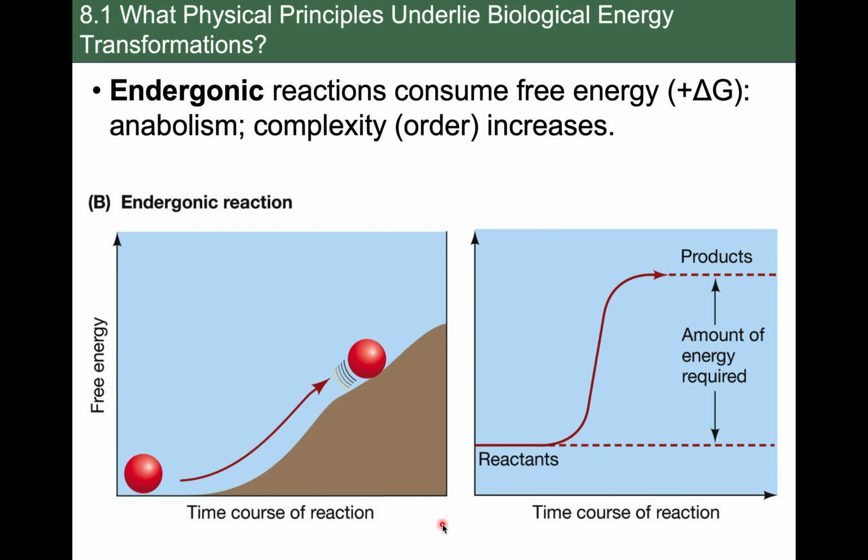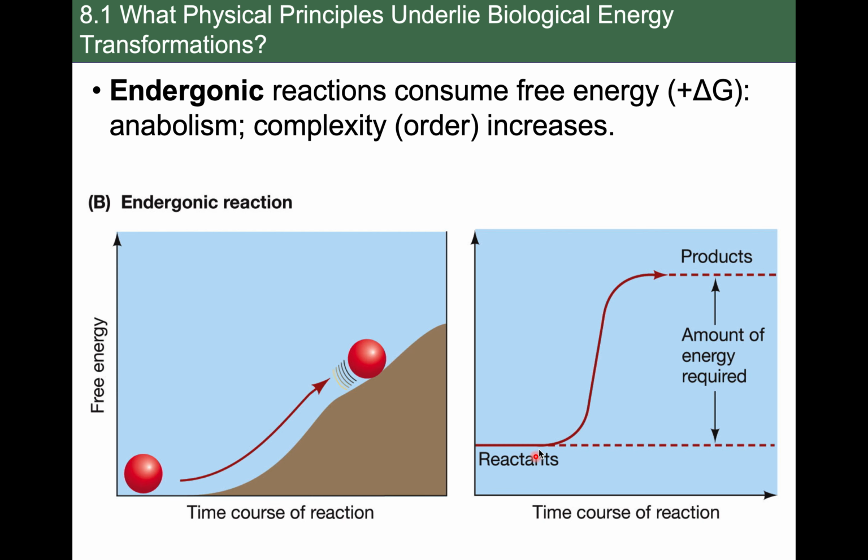Whereas the flip side of that coin would be an endergonic reaction, a reaction that consumes energy, has a positive delta G, an anabolic reaction, if we want to go back to that metabolic term. And this would be analogous to pushing the ball up the hill. We do have to put in some energy to get that ball back up to the top of the hill.